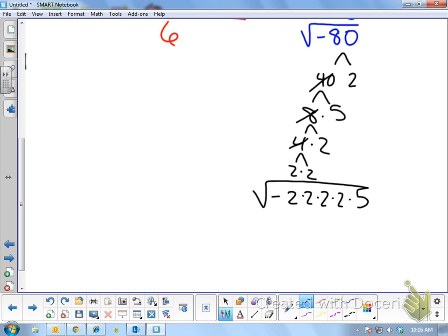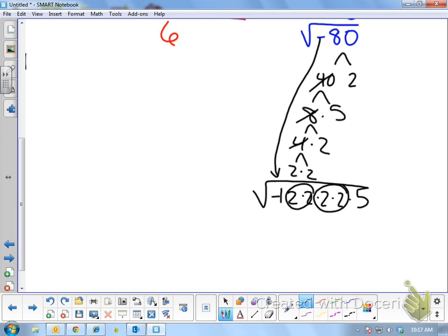Because the original was negative 80, so I just brought that negative sign down now. So we have two groups of 2, but we're also going to have to do something with this negative sign. What number is really here out front with that negative sign? If we're multiplying, it's 1. When we're adding and subtracting, it's usually 0. So 1.